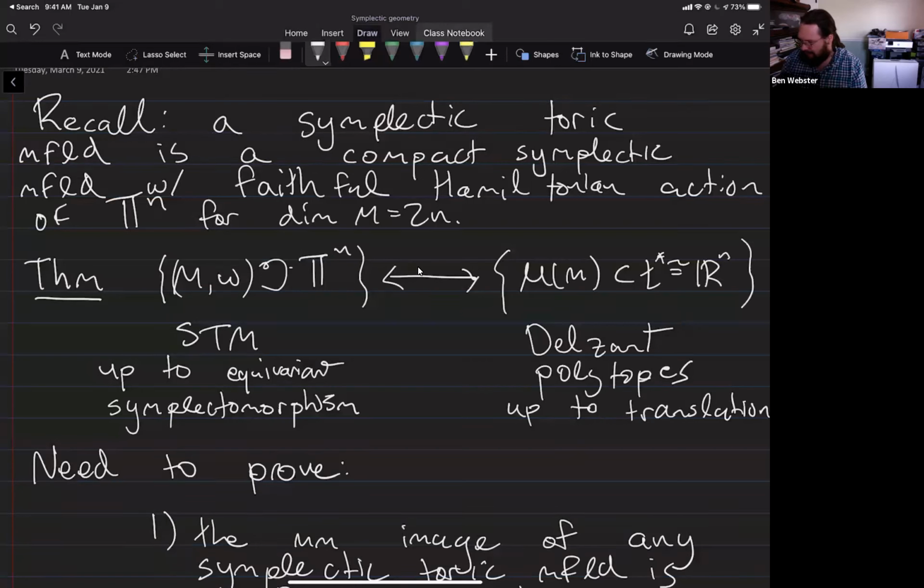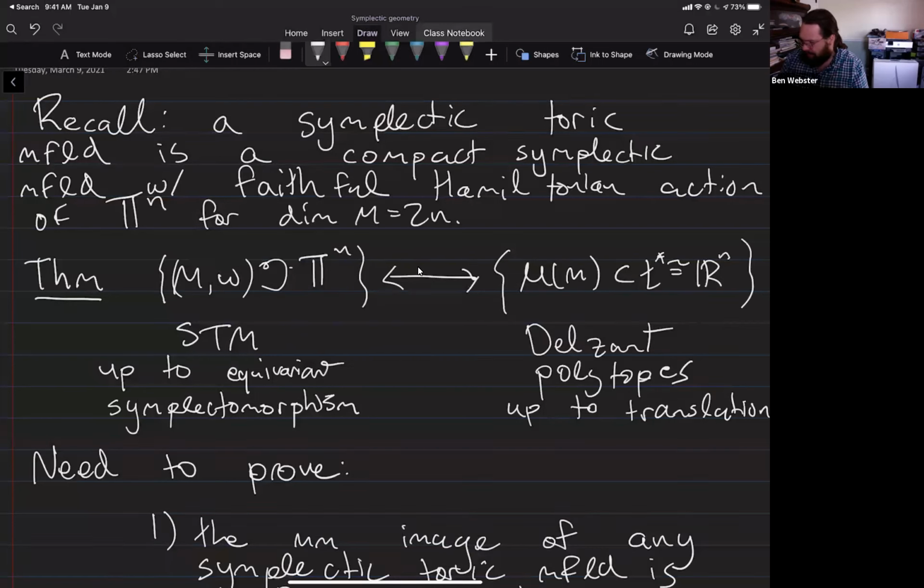As I said before, I prefer to think of it as at each vertex, you have n hyperplanes coming in, facets of the polytope. Those all have integral normal vectors, and those normal vectors are a basis of Z^n. And we'll see today what the significance of that property is. That arises very naturally from the geometry.